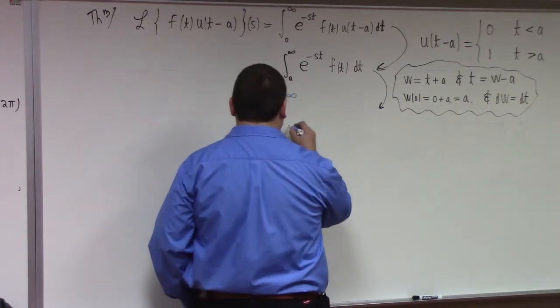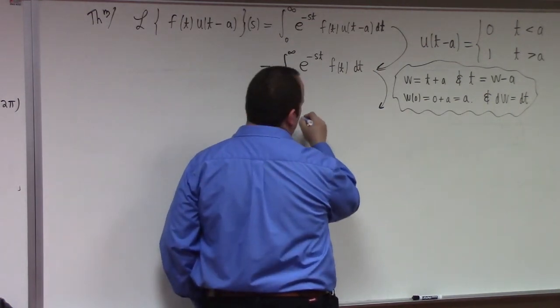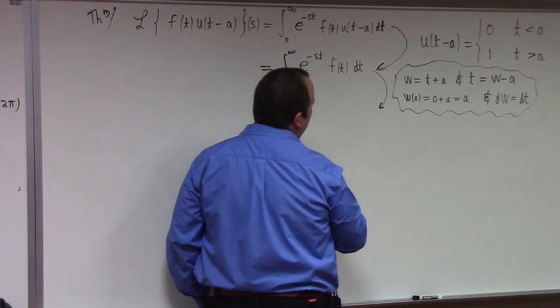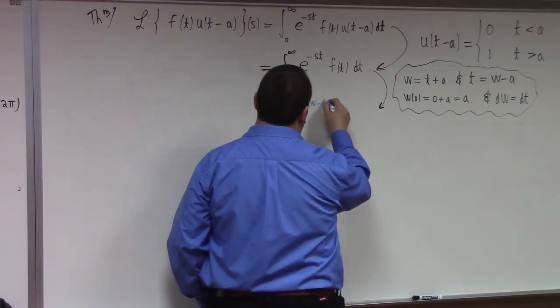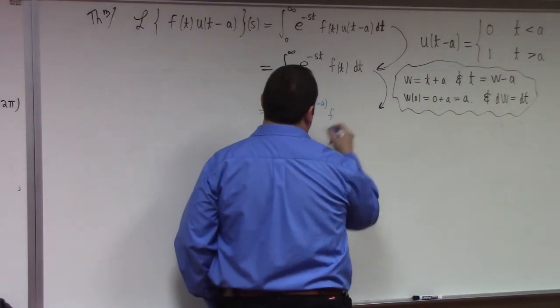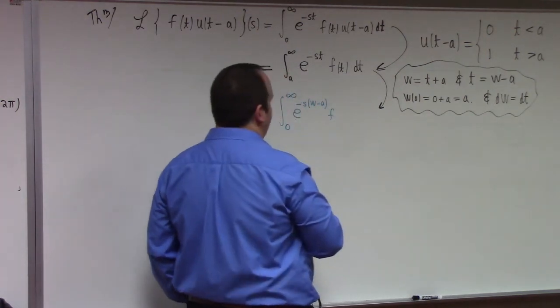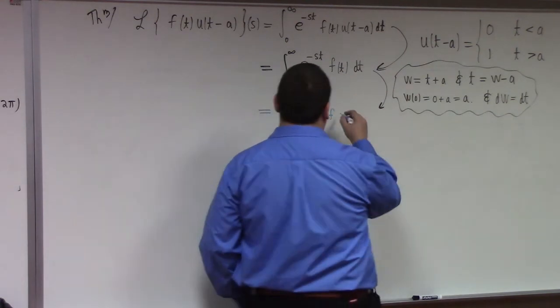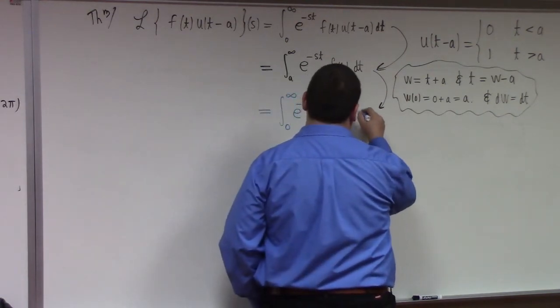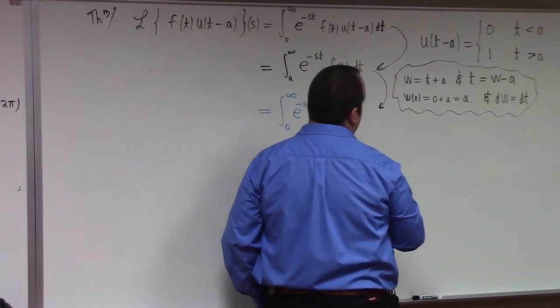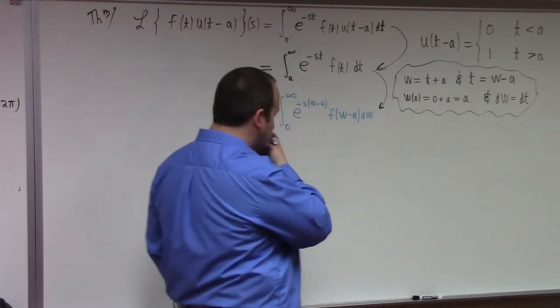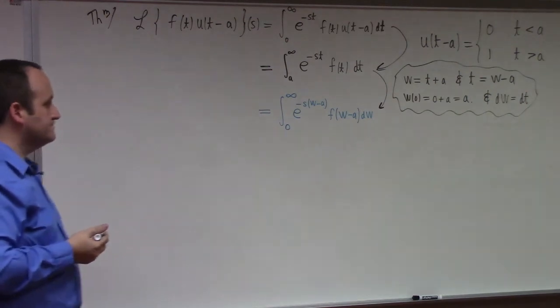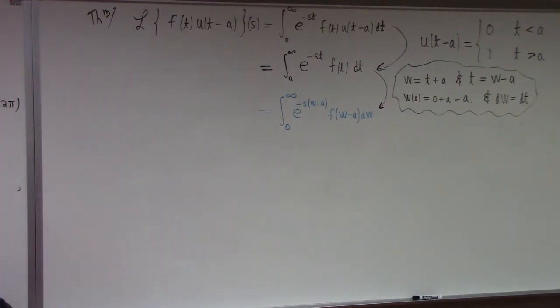Let's see here. 0 to infinity, and we have e to the t. What was t? Oh, w minus a. Minus s times w minus a. F of w minus a, I suppose. And dt was dw. I feel like I did something wrong.